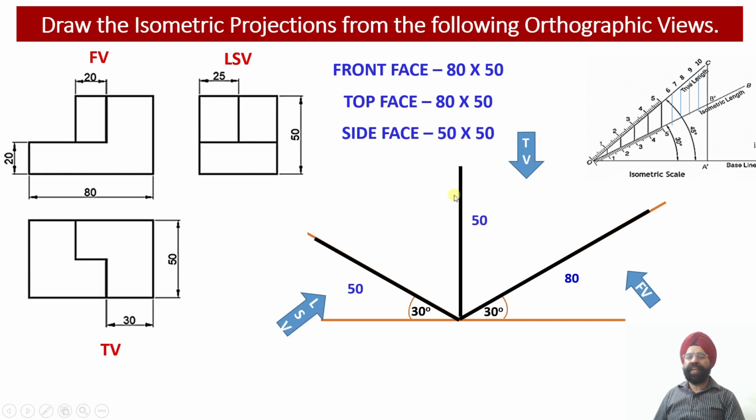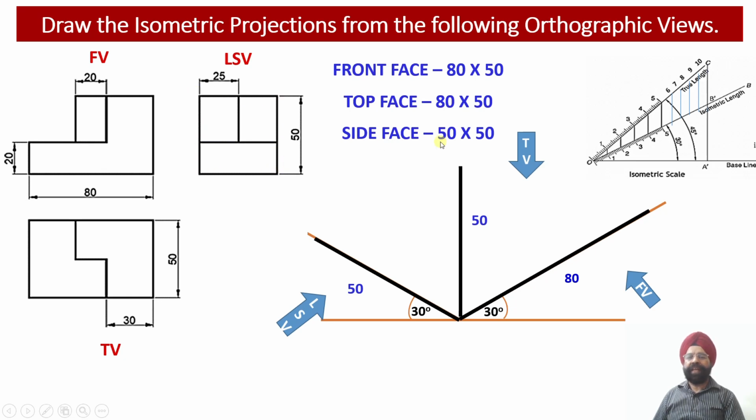As we can see in the orthographic projections, the left side view of the solid is constructed on the right side of the front view. Since we look at the solid from the left-hand side, the side view should be drawn so that we view it from the left-hand side.